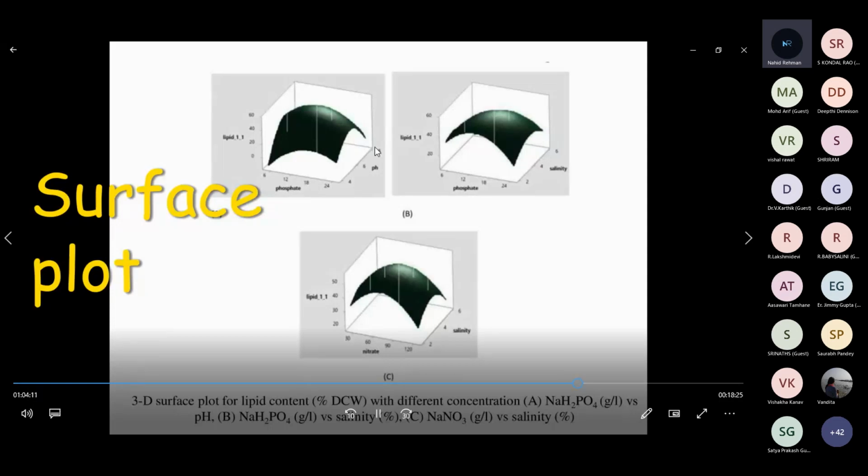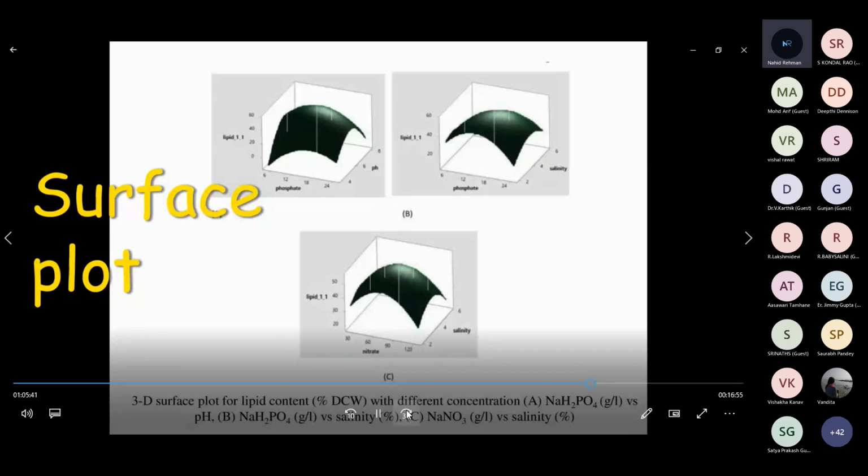Here you can see that pH is controlling and phosphate is also controlling, but the contribution of pH is more. And here you can see again the contribution of both the salinity and nitrate is equal for controlling the lipid content. So this response surface plot is very useful.